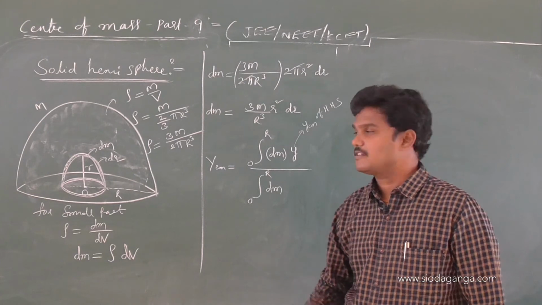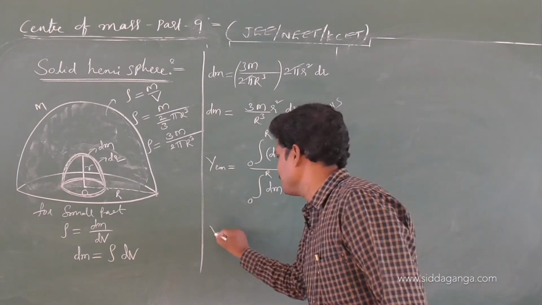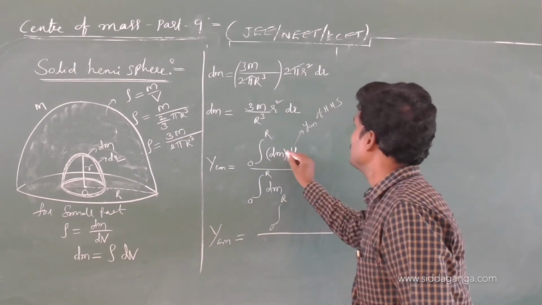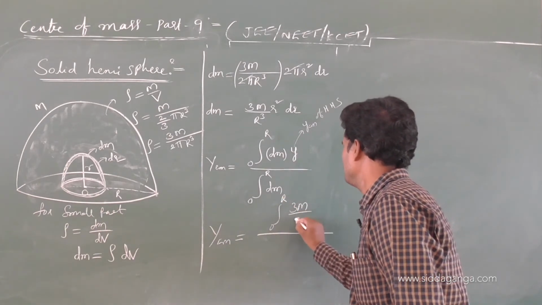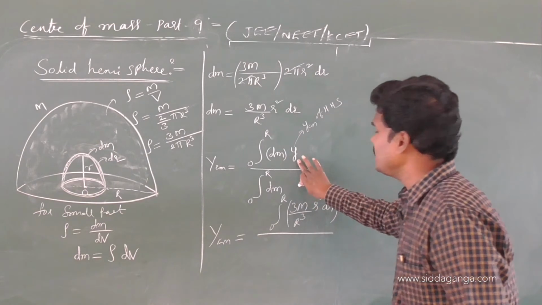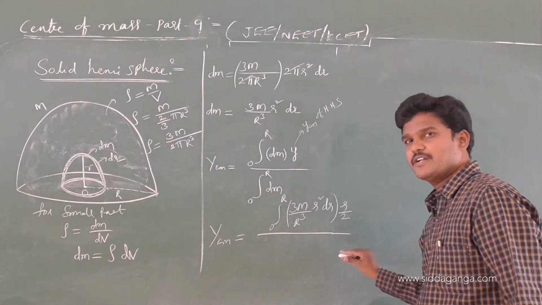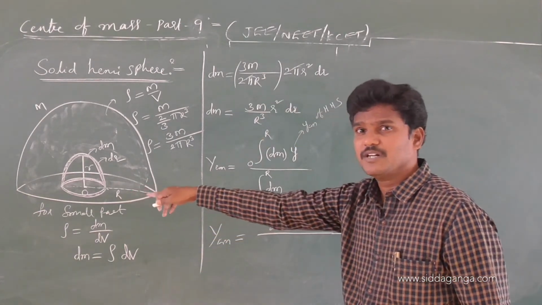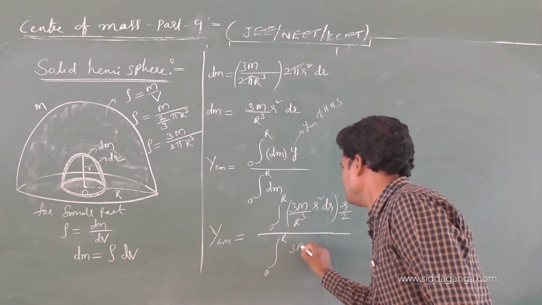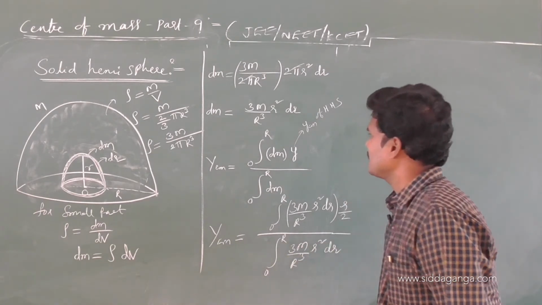Capital R by 2 is the previous answer, but for this one it is replaced by small r by 2, because small r is the radius. So YCM is the integral from 0 to R of dm, which is 3m by R cube, r square dr, times r by 2, divided by the integral from 0 to R of dm.